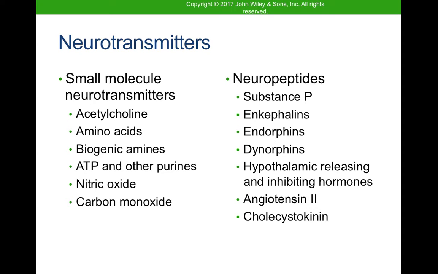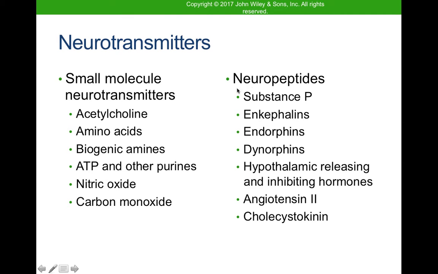As we saw with acetylcholine, the same neurotransmitter may be excitatory in some locations and inhibitory in others. Many of our neurotransmitters are also hormones released by endocrine glands, whereas some brain neurotransmitters are released by neurosecretory cells. There are small molecule neurotransmitters and neuropeptides.